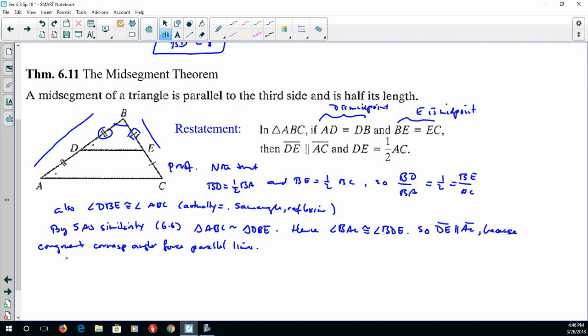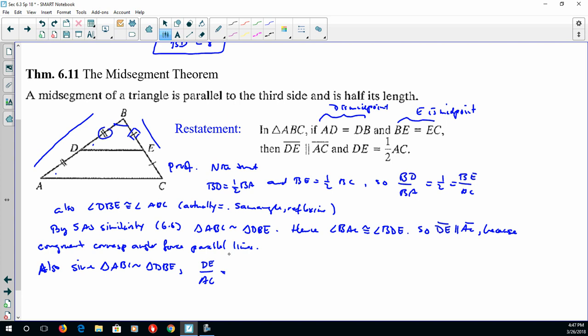Also, since triangle ABC is similar to triangle DBE, then sides are in proportion. In particular, the short base divided by the long base. So DE divided by AC is going to be the same as the short side on the left, BD, divided by BA.